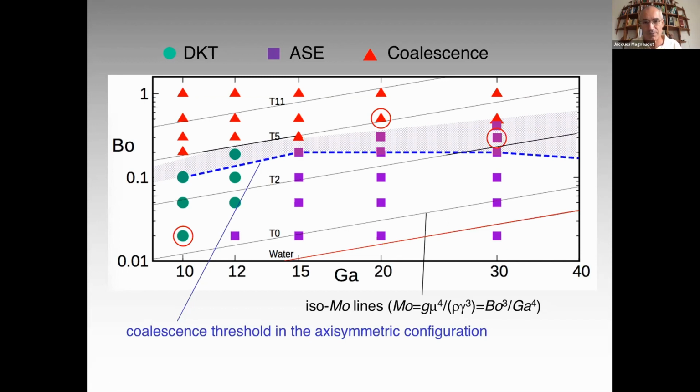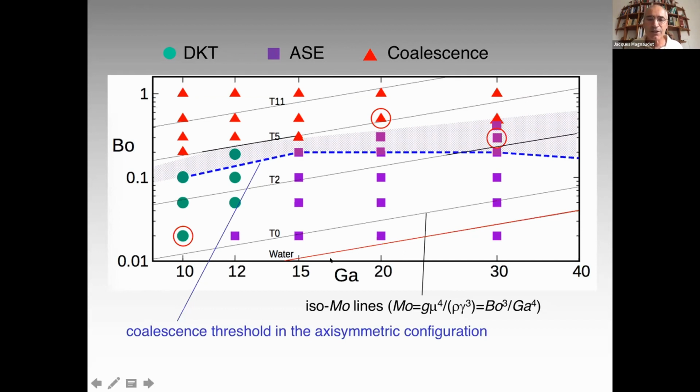side escape regime. And by the way, what is interesting in this diagram is also to look at the inclined solid lines here, which correspond to given values of the Morton number. The Morton number is a combination of the Bond and Galilei numbers. And the interesting feature of this combination is that it depends only on the liquid properties.